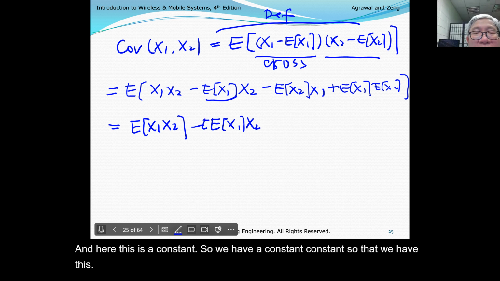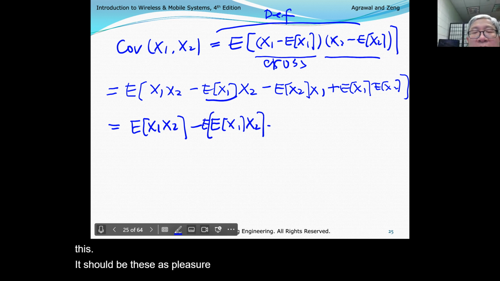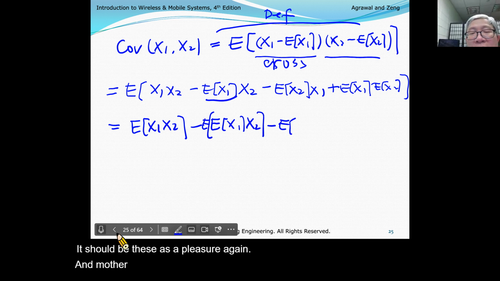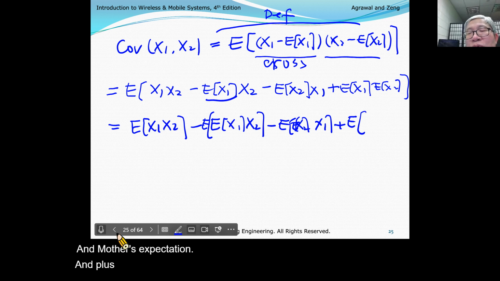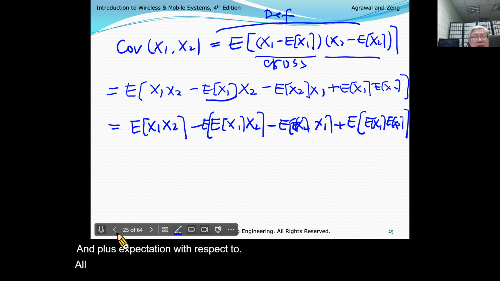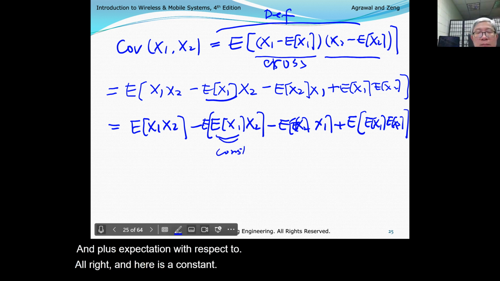It should be this expectation again, and minus expectation, and plus expectation with respect to all right. And here it's a constant, and this one is a constant.